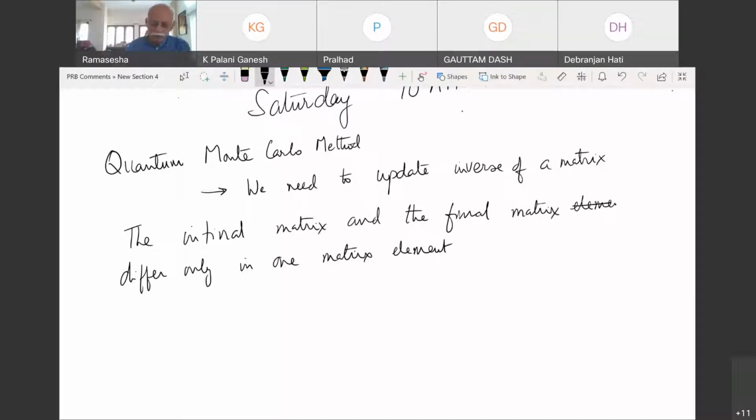To avoid that, we need to see how we can modify the inverse of a matrix.